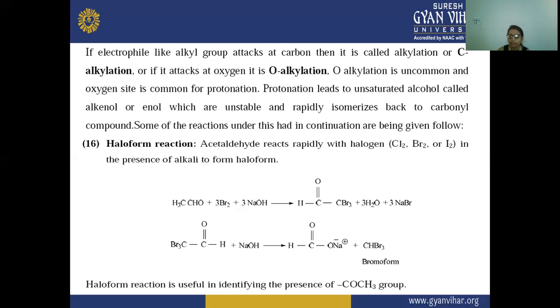After the reaction of these three, a product is formed. Halo means the addition of halogen. There is a removal of the water molecule from it, and a formation of sodium bromide.